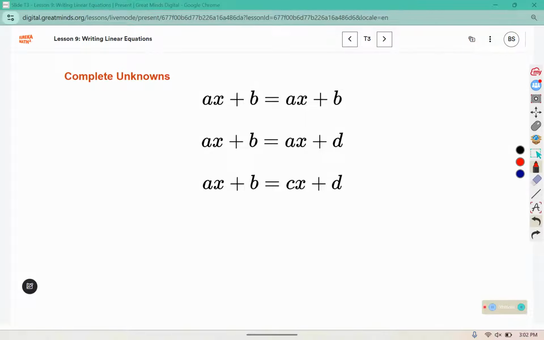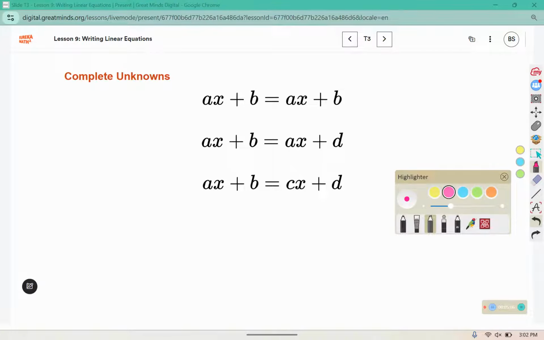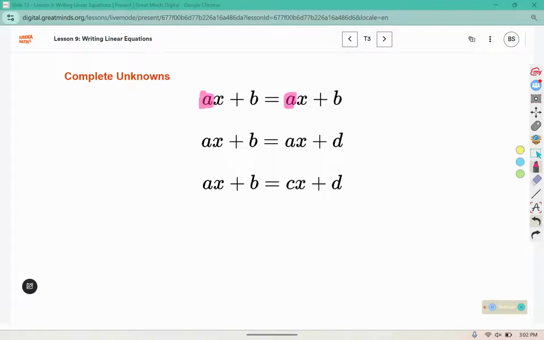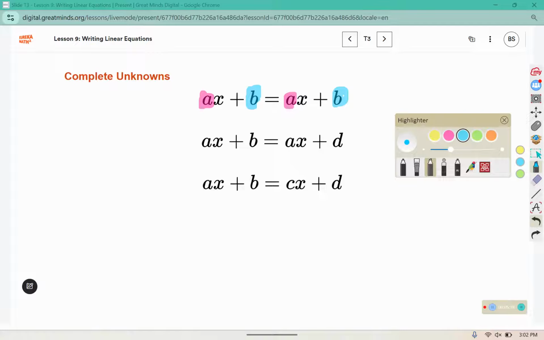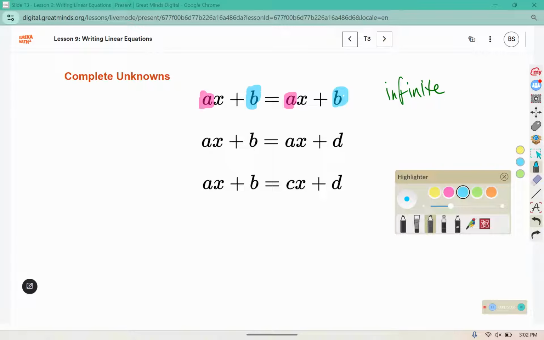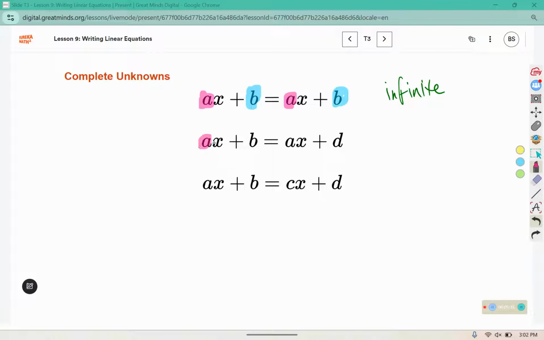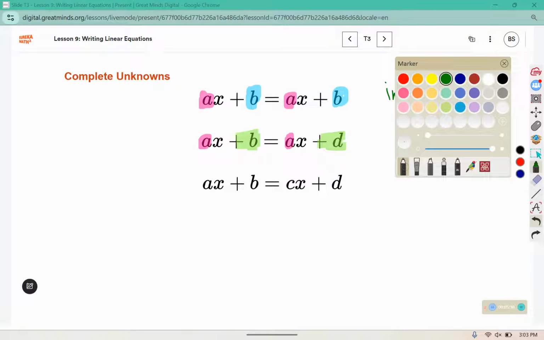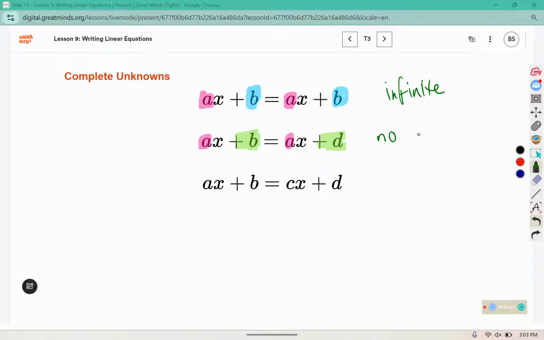When we look at these, we can see here that the A in front of the variable matches and the number term also matches. So this is infinite solutions. For this one, the variable term matches, but the number term does not, which was a situation with no solution.